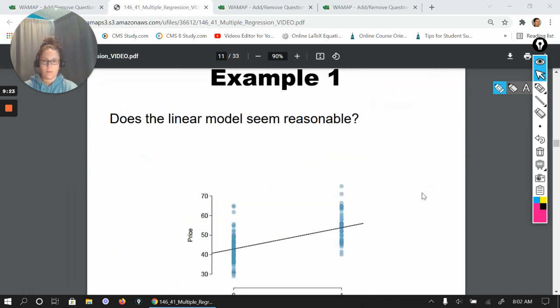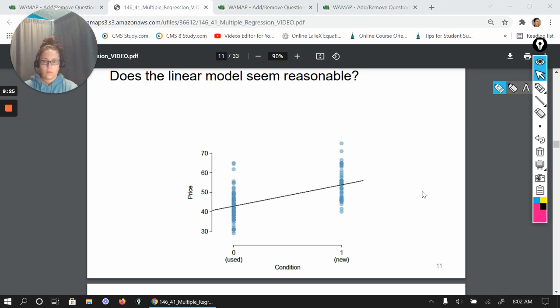Here's example 1. Does the linear model seem reasonable? After going through all of those conditions, again, we're not sure about independence, but we'll go with it. Anytime we want to run tests like this, we always want to be really transparent.